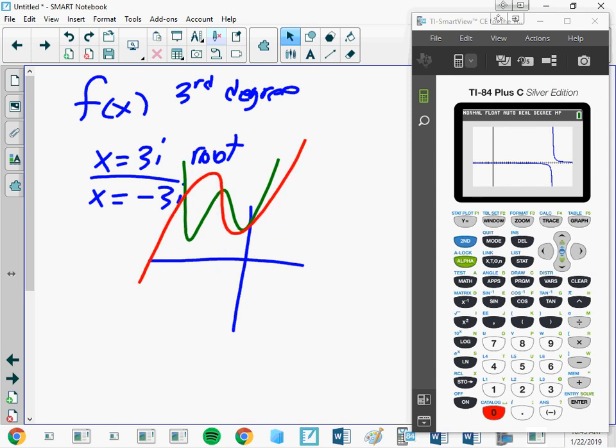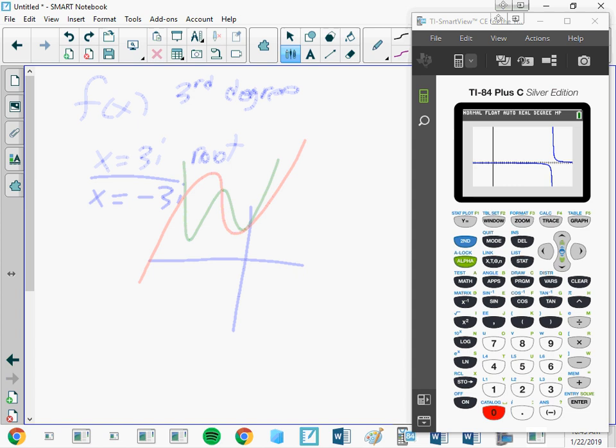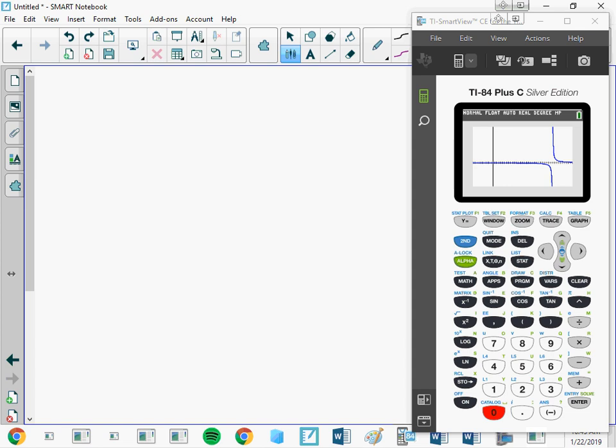And no matter how far I go up, I will always hit the x-axis. So odd degree polynomials always hit the x-axis somewhere. And the evens usually do, but sometimes they don't. Right? And remember, you don't need to hand these in. I'm just going to give you guys points for working on them.